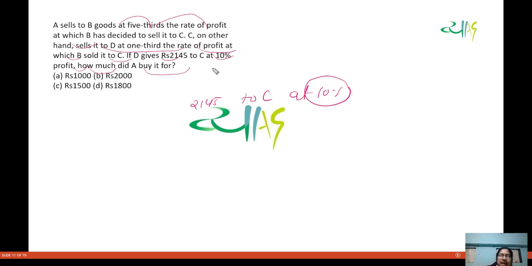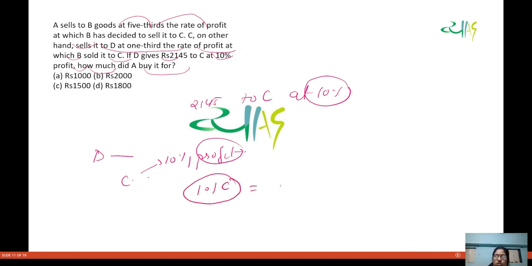So basically, if D gives rupees 2,145 to C at 10% profit. Okay. So C is earning 10% profit here. So basically, 1.1 times C is equal to 2,145, which D is giving.